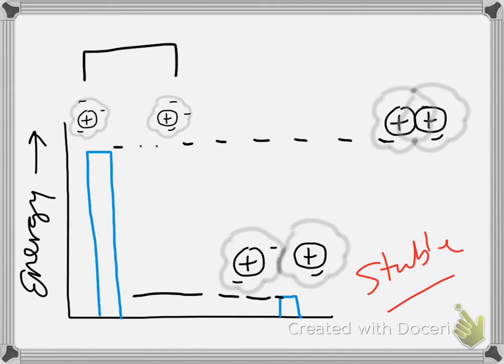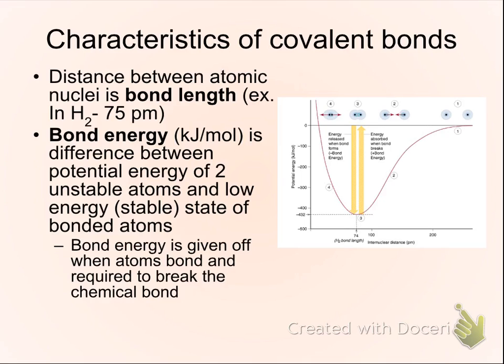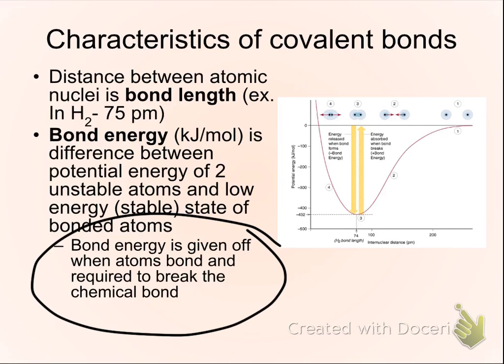We would have to put that amount of energy back into the material to sort of push it up that hill of stability. So we have to add that much energy to break the bond. We often say that there's energy contained in a bond, and that's the bond energy. It's given off when atoms bond, rather, and we have to put it into the material if we want to break the bond.